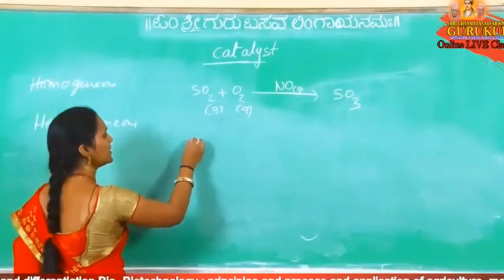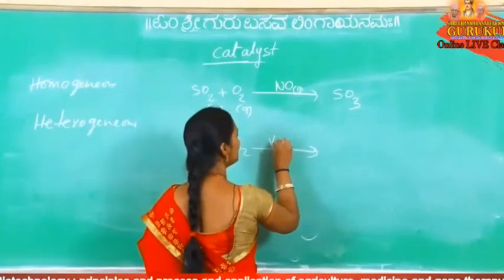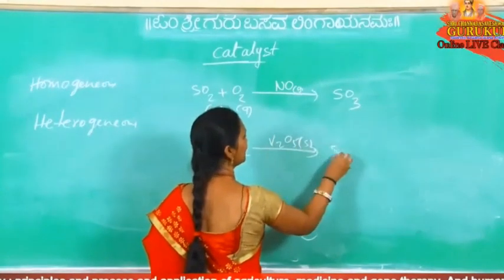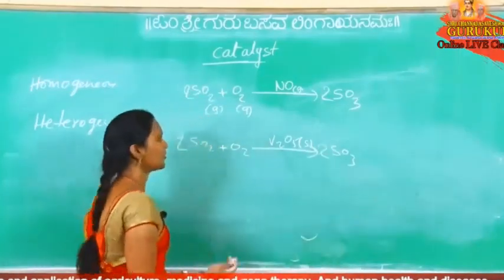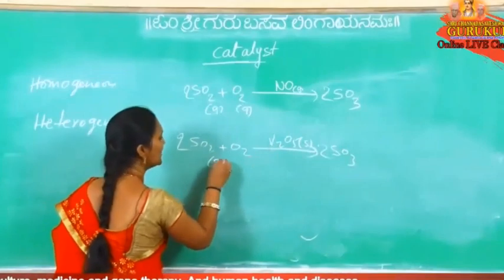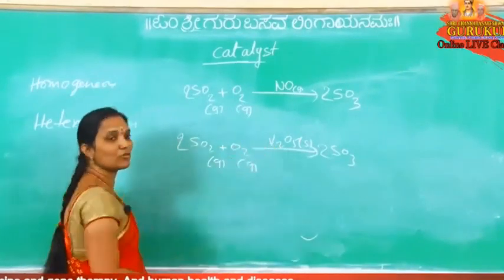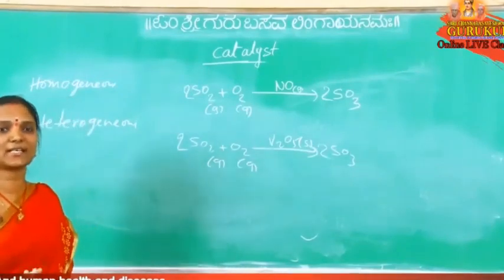Okay, same reaction: SO2 plus O2 in the presence of V2O5 solid gives SO3. Balance this reaction later, not required now. Just SO2 plus O2 gives SO3 in the presence of V2O5. These two are gases, but this V2O5 is a solid. This is an example of a heterogeneous catalytic reaction.